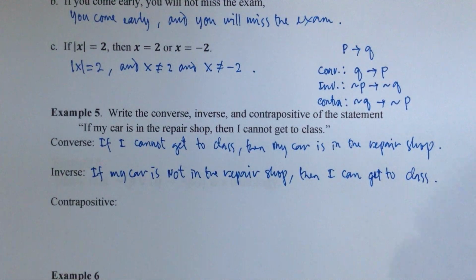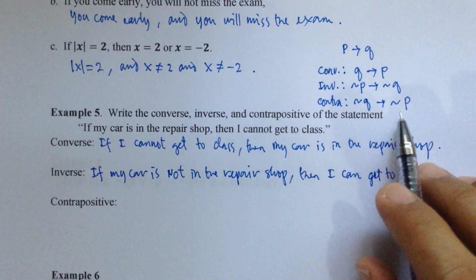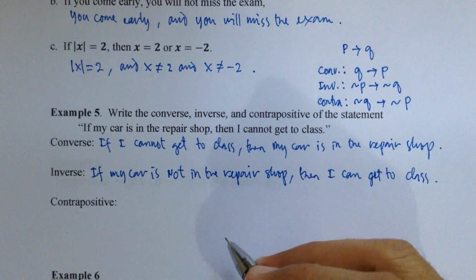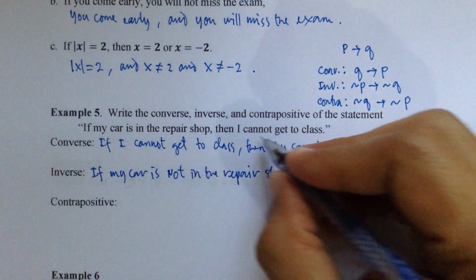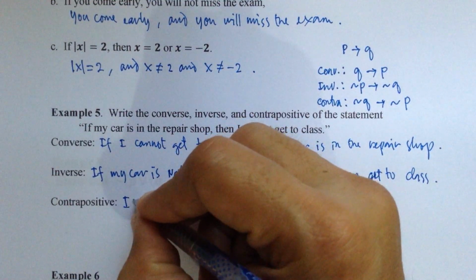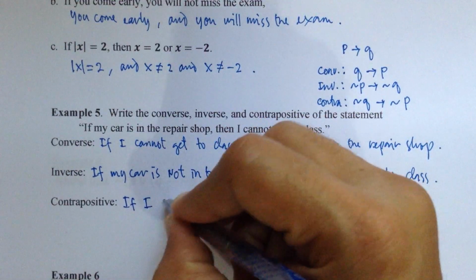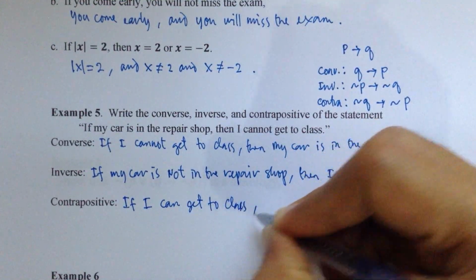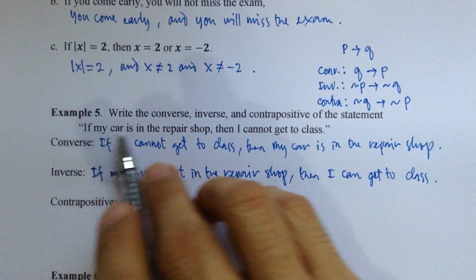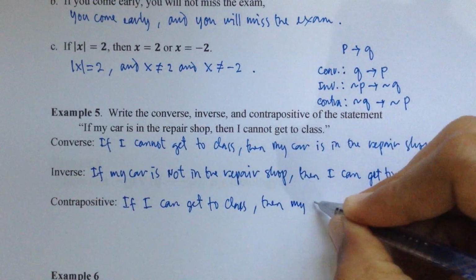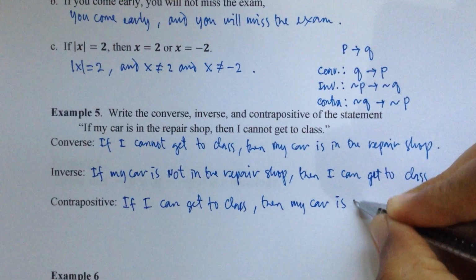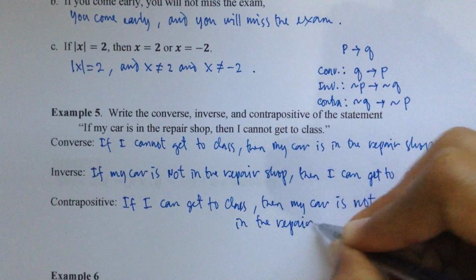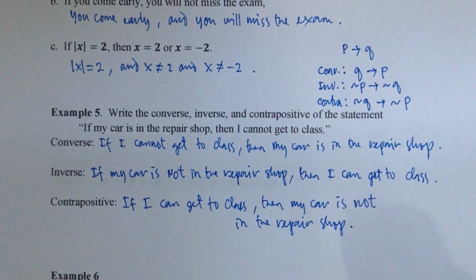The contrapositive is when the negation of your Q becomes your antecedent. So we negate the consequent here: if I can get to class, then the negation of your antecedent, which is my car is not in the repair shop.